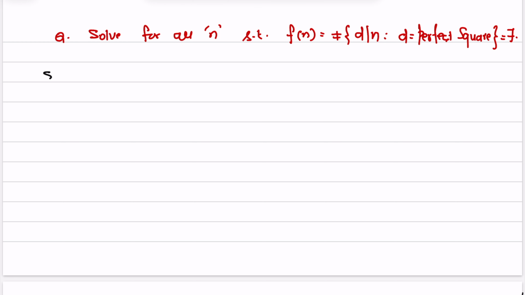Now, we will try to understand the question with some examples. Because n is a positive integer, it can go up to infinity. We have to find the value of n.